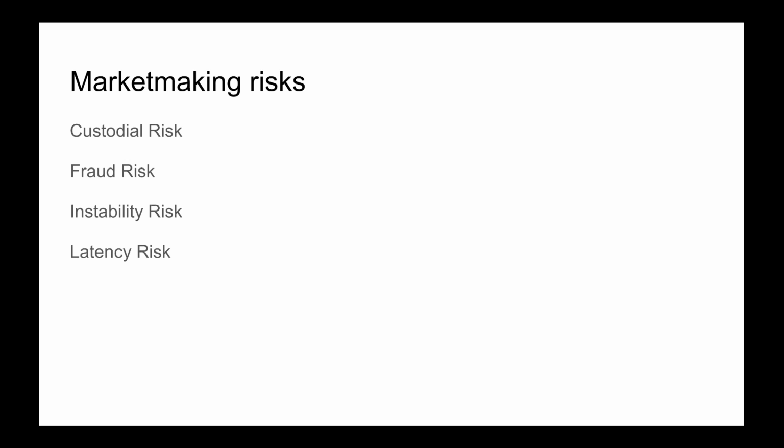Instability risk is when the price is moving not in accordance with the markets, with other markets. So let's say you have an Ether or a token, and it is kind of steady on other exchanges. On your own exchange, it just keeps jerking.